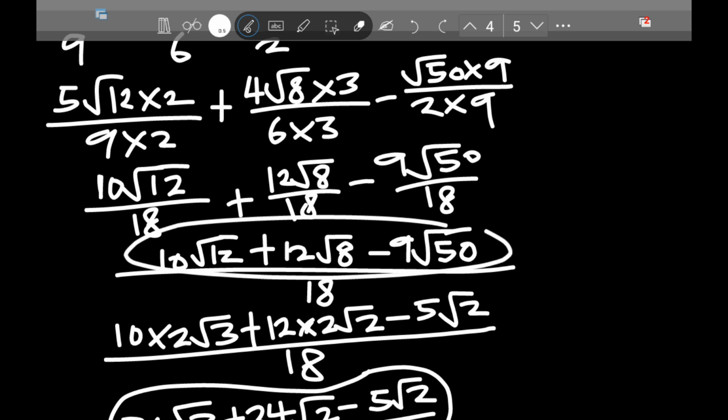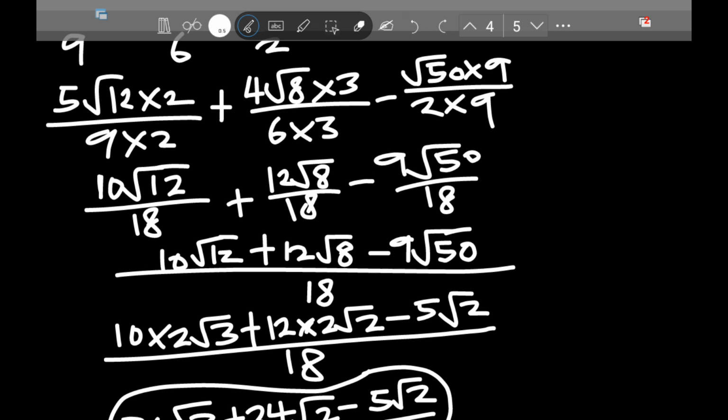So we group everything here, and remember that we put the positive sign and the negative sign down right there.